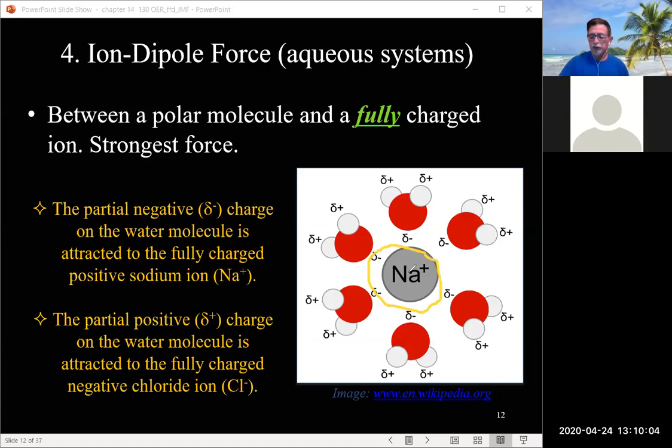The sodium with a big old plus, a full-fledged positive charge, surrounded by the partial negative on the water molecules. And you can also imagine if this was sodium chloride, the chloride has a negative charge, and there'll be a big interaction with the partial positive side of the water molecule. So it's pretty strong all the way around.